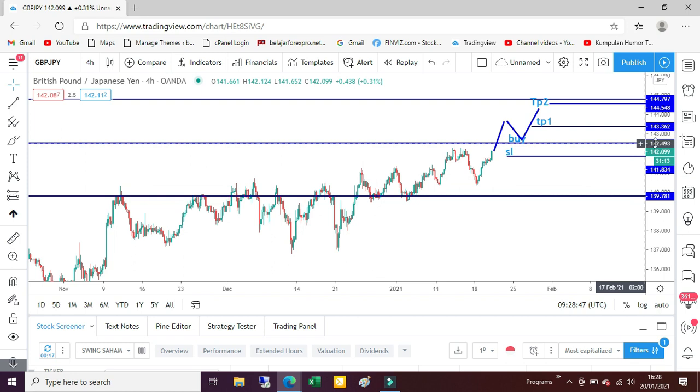Kemudian the second target 143.360, it's okay, more or less. And then the second target kedua 144.550 lah ya. The second target is 144.550. Okay.